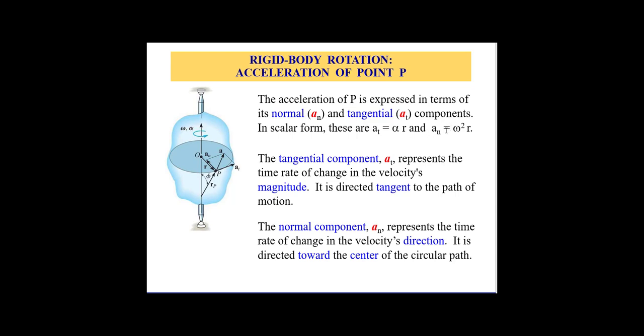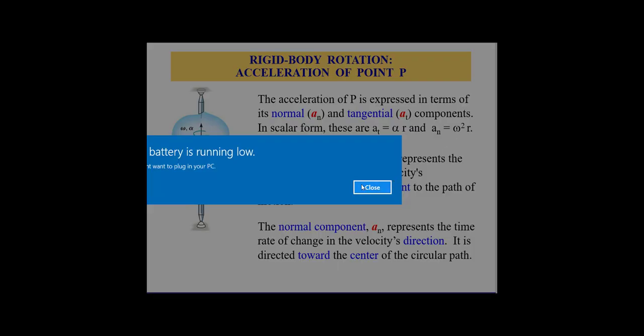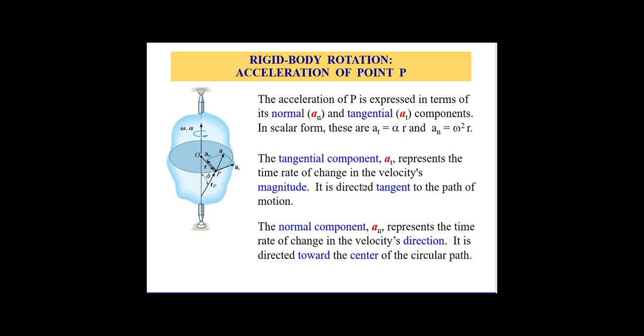The second portion, omega cross dr over dt, is the rate of change in the position, which we can show is equal to omega squared r, where omega is equal to v over r, which can also be described as v_P squared over r.